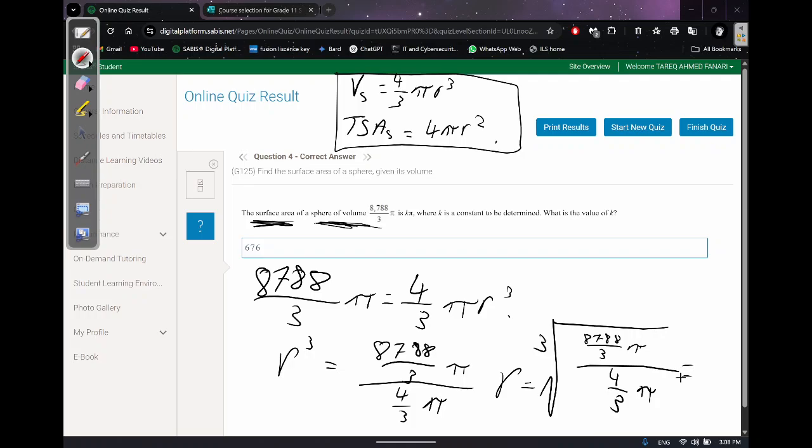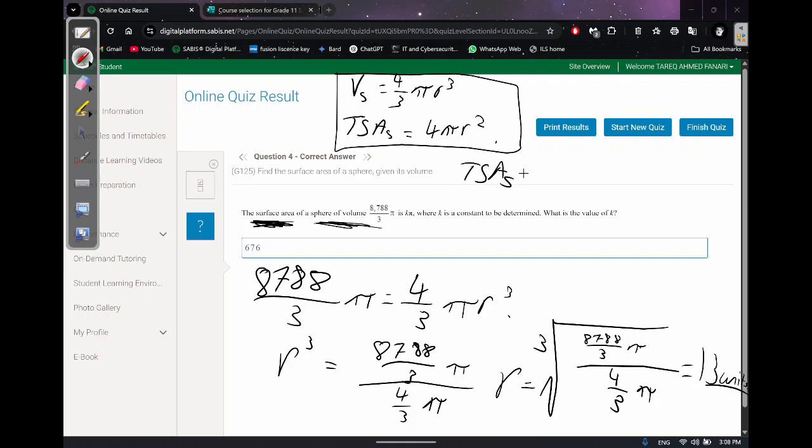So this is going to give you 8788 over 3 pi over 4 over 3 pi. This gives me the radius of 13 units. Okay? But we don't want the radius like the last question. We want the surface area. So we're going to use the surface area formula.